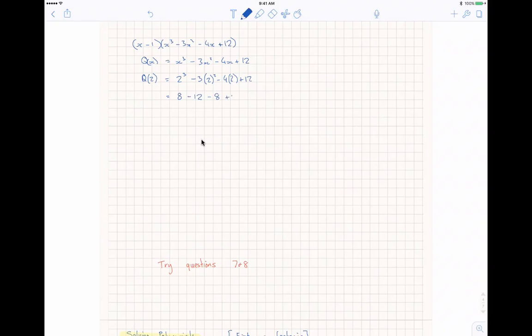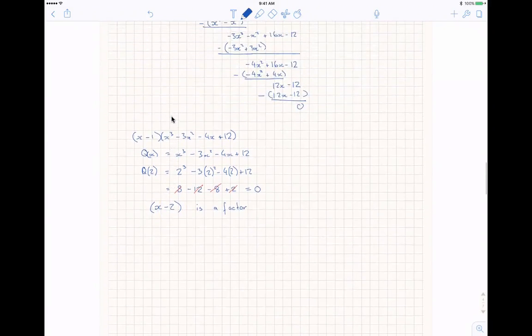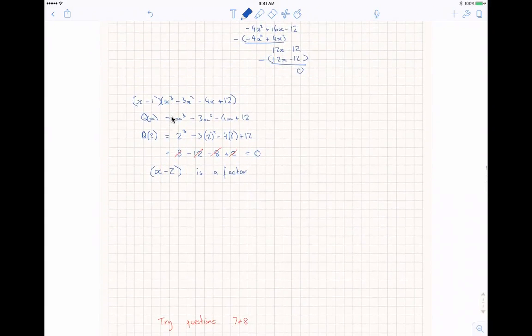Minus 8 plus 12. And we can see straight away the 8's cancel, the 12's cancel. So that's 0, which means that x minus 2, remember, if we trialed x equals 2, then the factor is x minus 2. Great, so we're going to have to do long division of this cubic. Long division of the cubic by x minus 2.